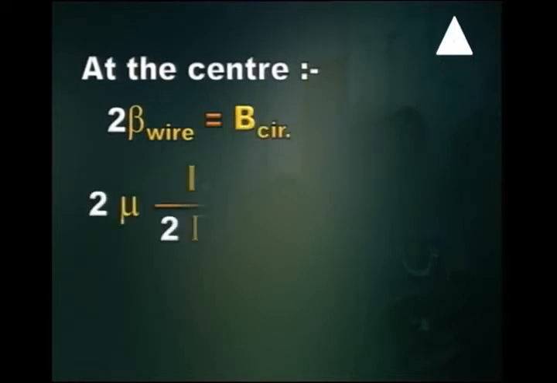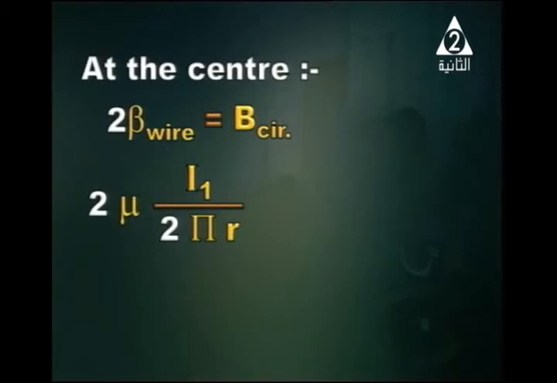At the center, the two fields of the wires are equal, so 2B wire is equal and opposite to the field of the coil or loop. So 2 times the magnetic flux density of the wire is denoted by mu I1 over 2 pi R.